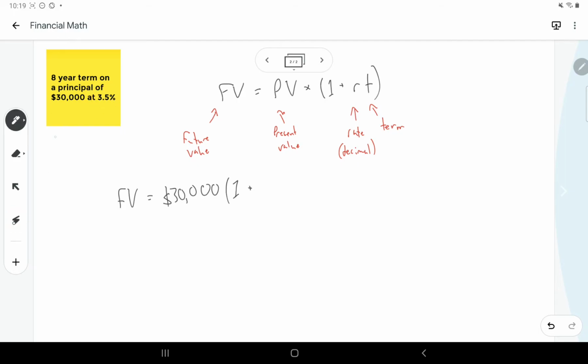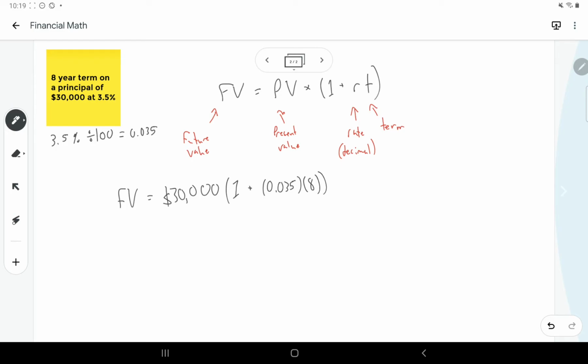We can't use 3.5 directly, right? 3.5%, can't use it. But if we were to divide it by 100 to get to a decimal, we can use that. So 0.035 times the term of 8 years.